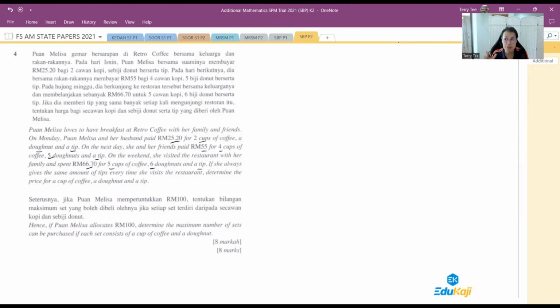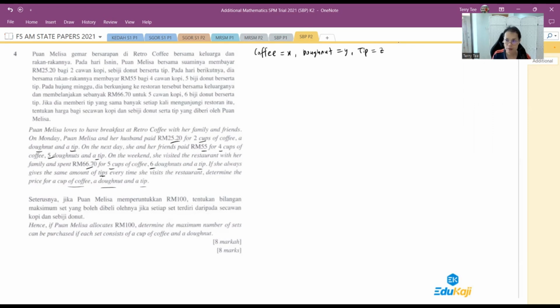So you notice there are 3 variables here. Coffee, I'm going to call it X, donut, I'm going to call it Y, and the tip, I'm going to call it Z. Now, here's the thing. They say she always gives the same amount of tip every time she visits the restaurant. So you want to find the price of a cup of coffee, a donut, and a tip.